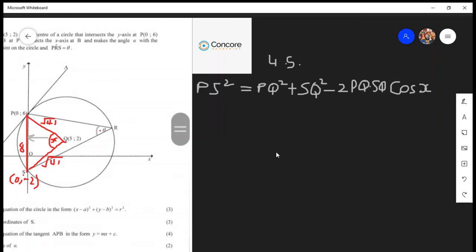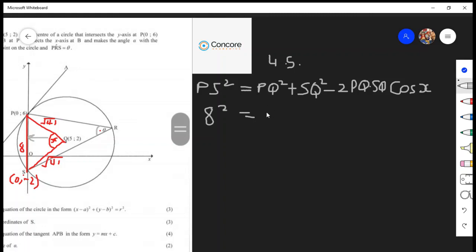I can continue. Okay. So side PS, our PS value we said was 8, which is going to be 8 squared, which is then equal to PQ, which is the root of 41. When you square that, it's just going to be 41, right?